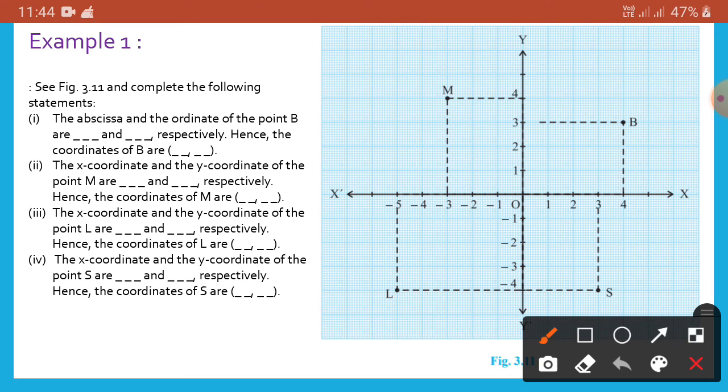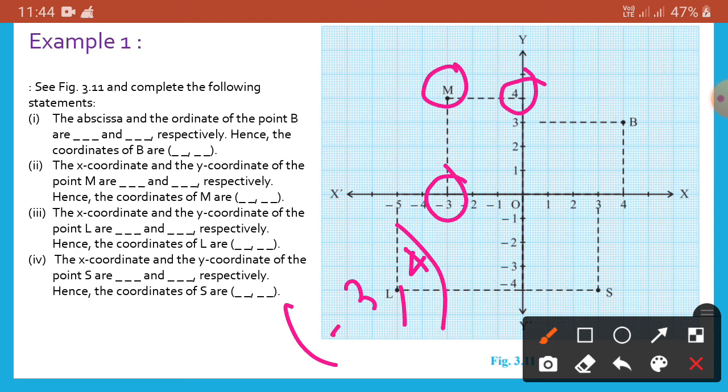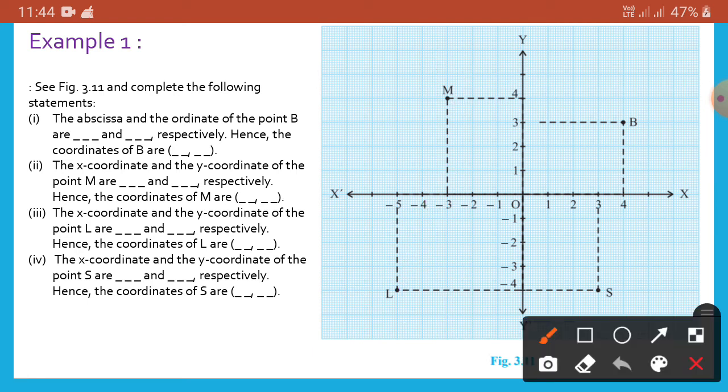Number 2, the x coordinate and the y coordinate of the point M: the x coordinate will be -3, the y coordinate will be +4. That means the coordinates of the point M are (-3, 4). Next L: the x coordinate and y coordinate of the point L are -5 and -4, because we have to take along the x-axis first, then the y-axis.